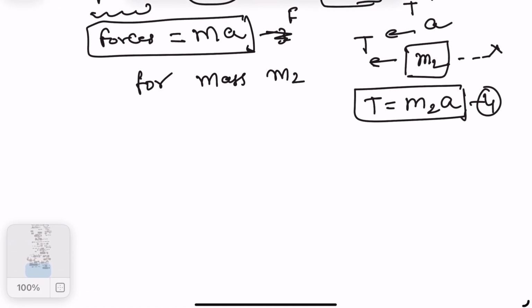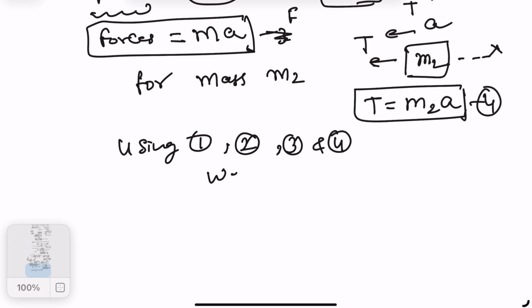This is how we can solve using equations number 1, 2, 3 and 4, we can calculate T and A.